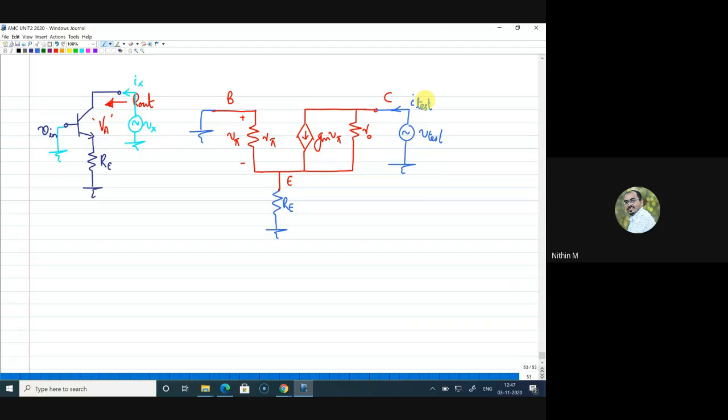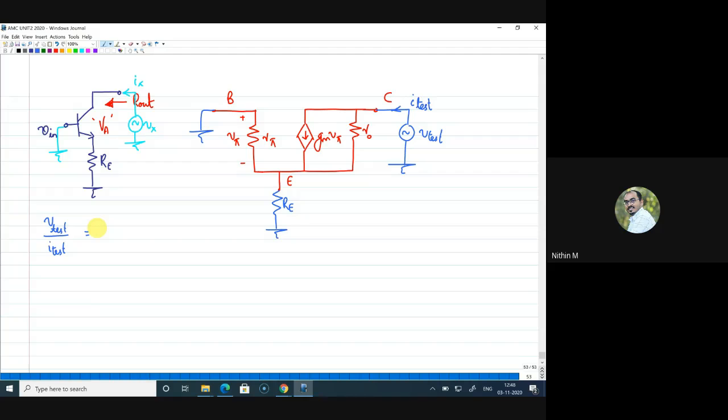Now, in order to start the small signal analysis for calculating output impedance, the very first thing I will do is look for this V pi. I need to get an expression for V test by I test. That means all the other currents and all the other voltages in the circuit should be written in terms of V test, right?